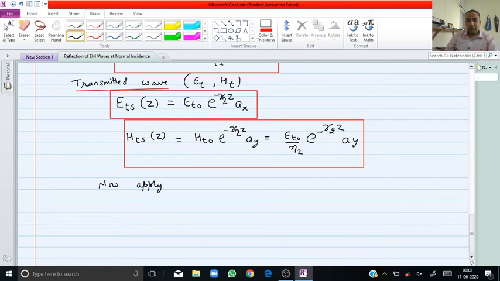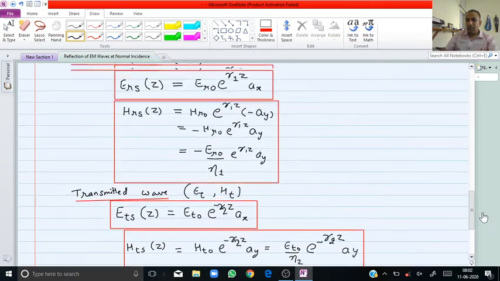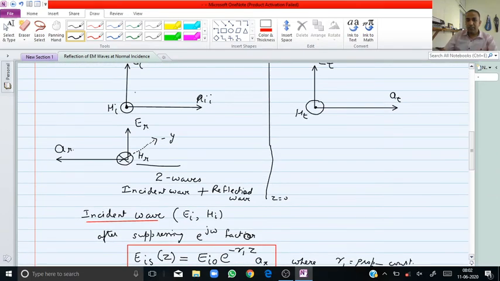Now applying the boundary conditions at z equals to 0, we have assumed that this side is positive z and this side is negative z, and at this interface z is equal to 0.